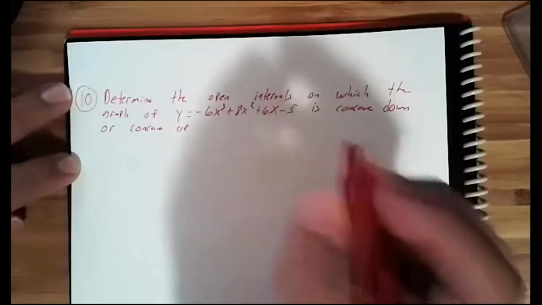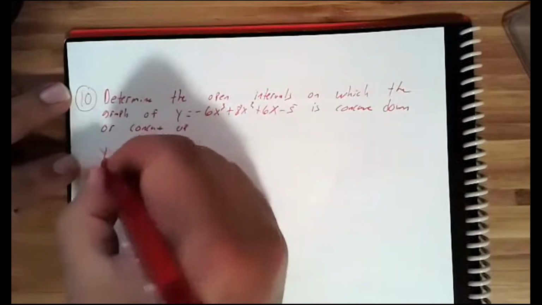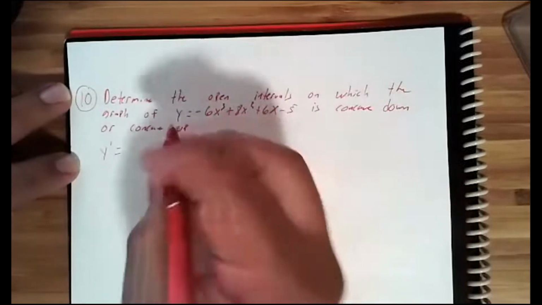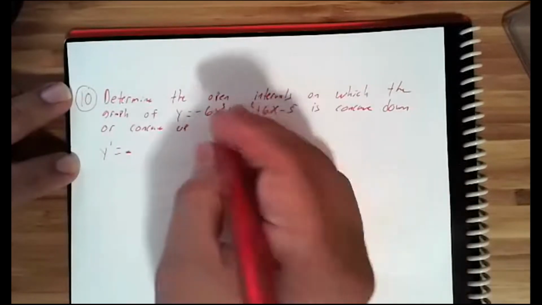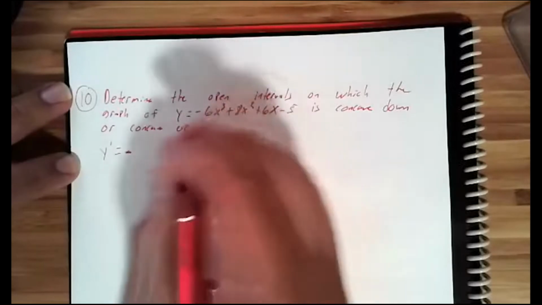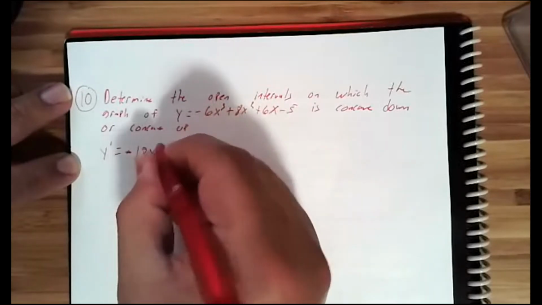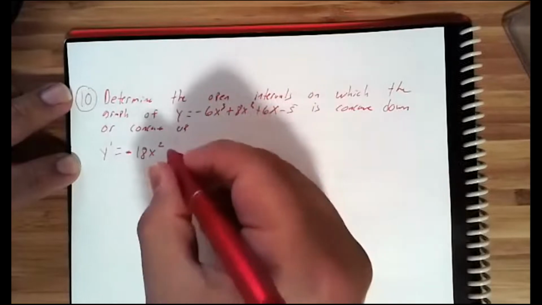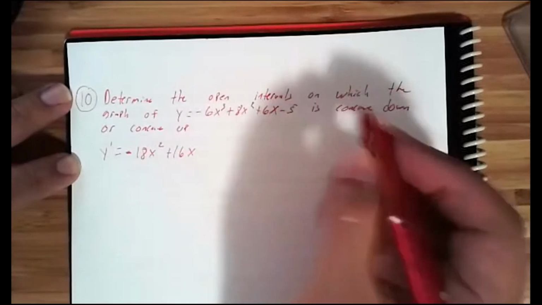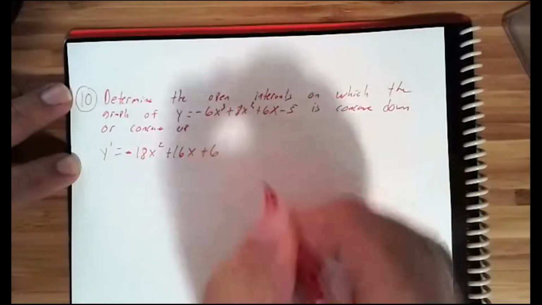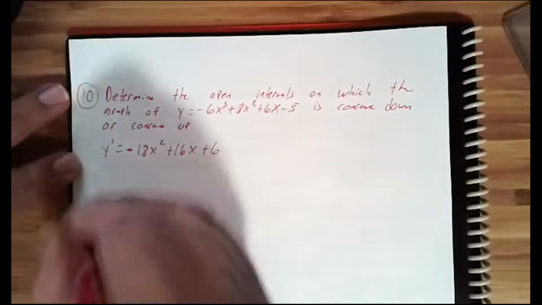Okay, so first derivative will be 3 times 6 is going to be 18. 2 times 8, and that'll be 6, right? First derivative.